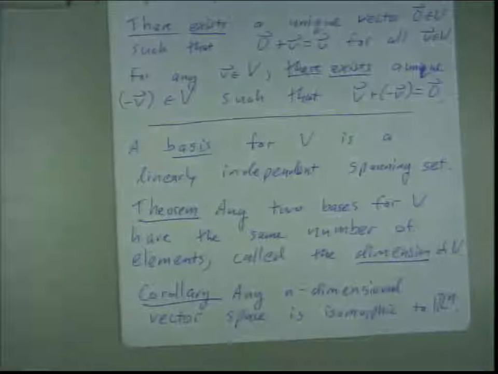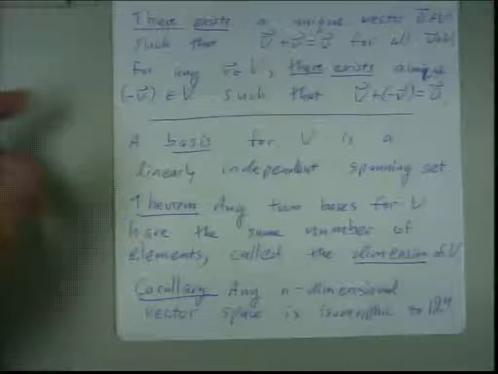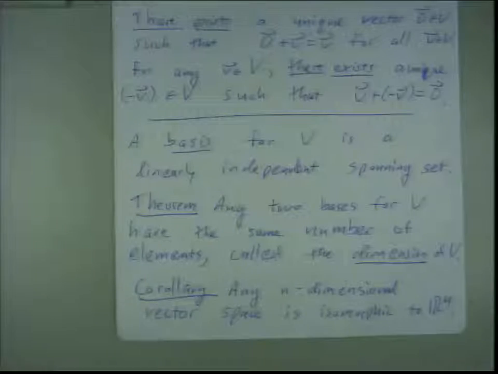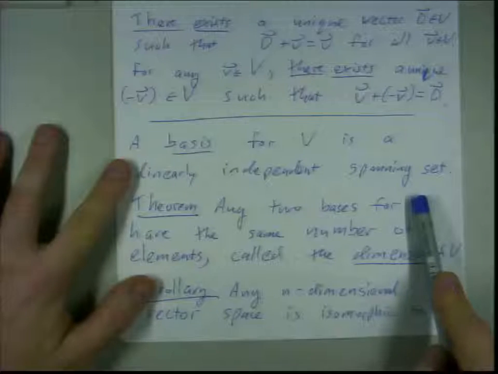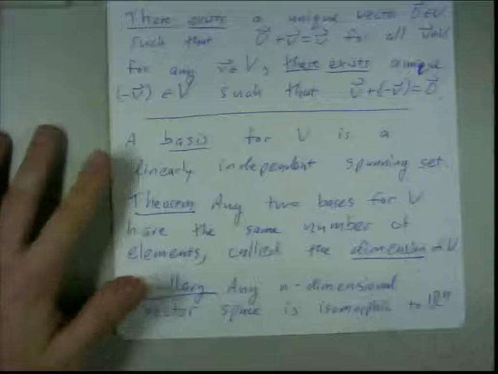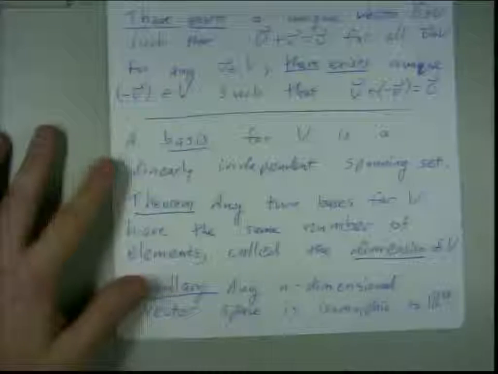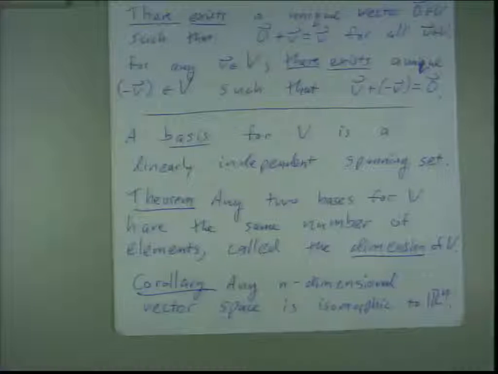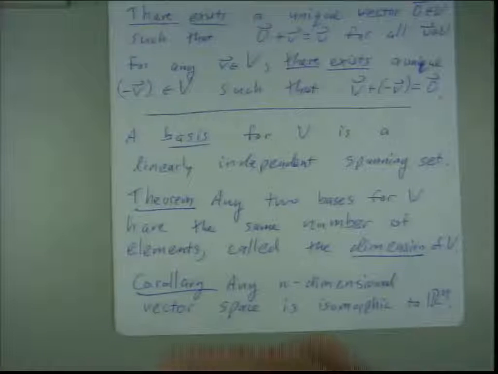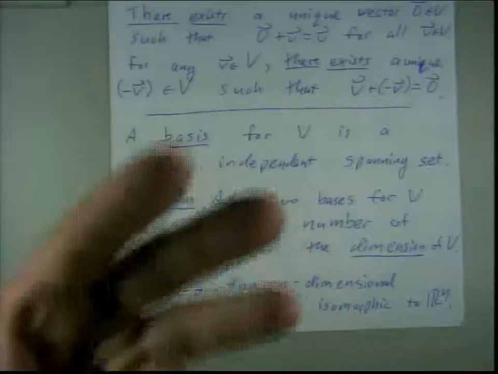But then the thing is, once you have a vector space defined, the first theorem that they tell you is the following. So first, recall that a basis for a vector space is a set of vectors that's linearly independent and spans the set. And then you have a theorem that says that if you have any two bases for a vector space, they have the same number of elements. If I have a vector space V, which has a 3-element basis, any other basis for the same vector space will have 3 elements.